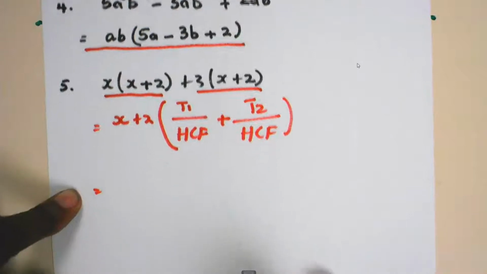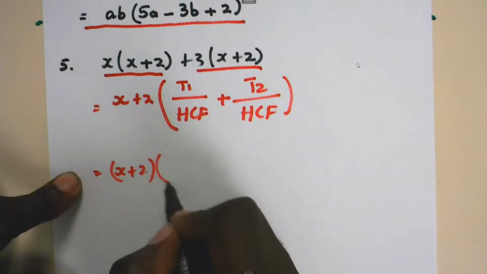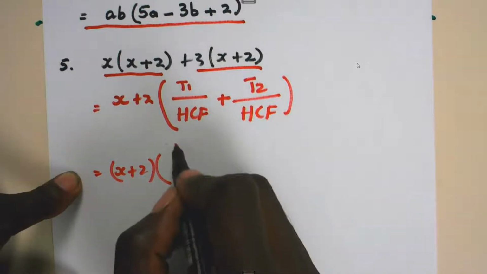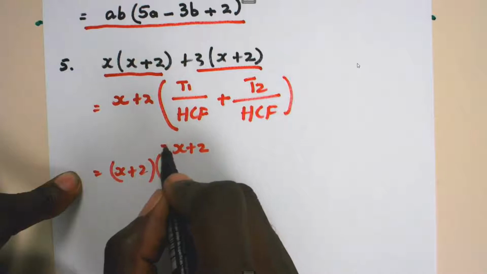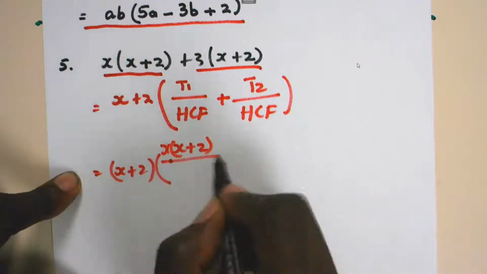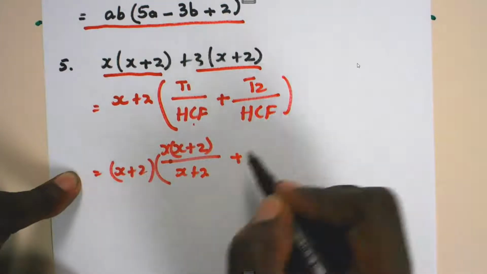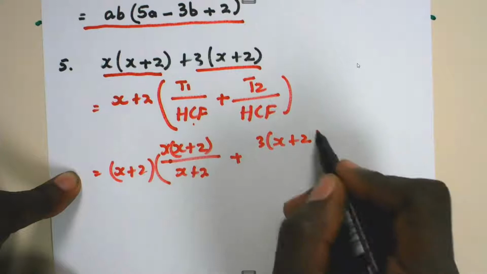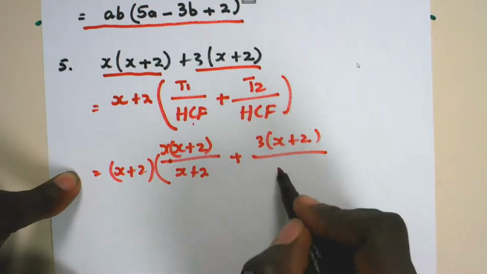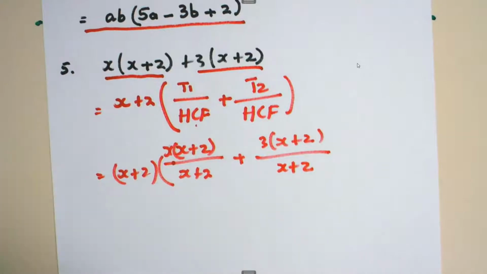What's our common factor? It is x plus 2. When we divide that, it will be x into x plus 2 divided by the highest common factor, which is x plus 2. Plus term 2, which is 3 into x plus 2, divided by the highest common factor, which is x plus 2. Then we can start cancelling and having the answer.